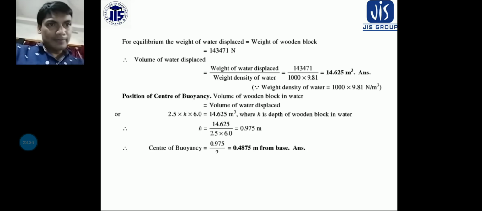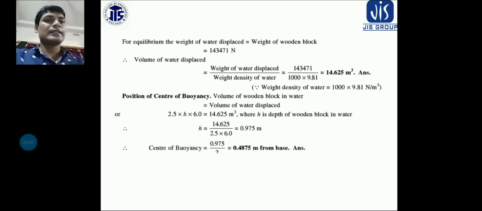The position of the center of buoyancy depends on the volume of the wooden block in water, which is equal to the volume of water displaced. So 2.5 into h into 6 is the volume, and that is equal to 14.625, which I have already got. From this equation I can easily find h equal to 14.625 by 2.5 into 6, which is 0.975 meter.